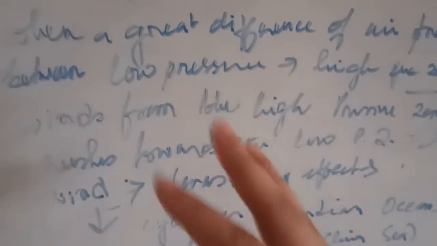When it becomes very huge, the winds from the high pressure zone rush and blow at greater speeds towards the low pressure zone, and as a result it gives devastating effects on the region where it is blowing.